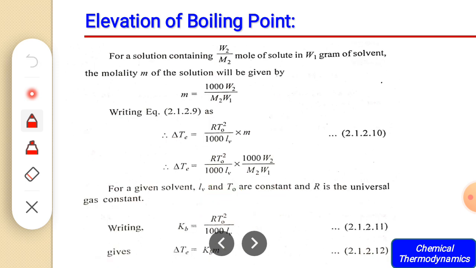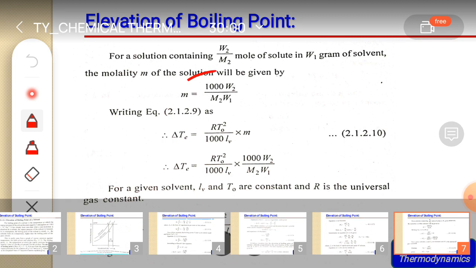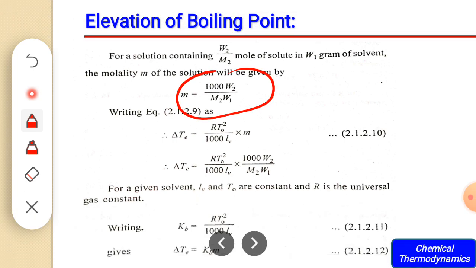For a solution containing n2 moles of solute in W1 gram of solvent, the molality, small m, is 1000 into W2 divided by M2 into W1.